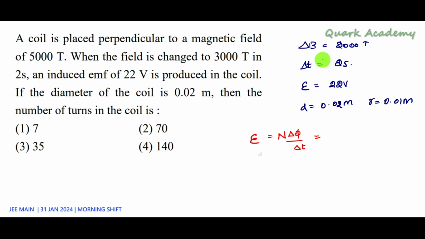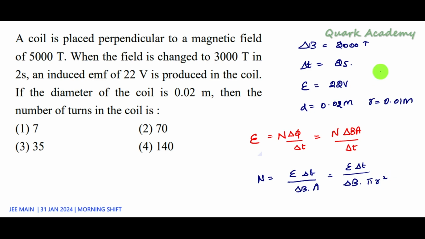Phi is the magnetic flux, which can be written as B into A. So this will become n into del BA by dt. Since we want n only, I can rewrite this: N can be written as E delta T by delta B into A. Here the area of the coil is pi r square.